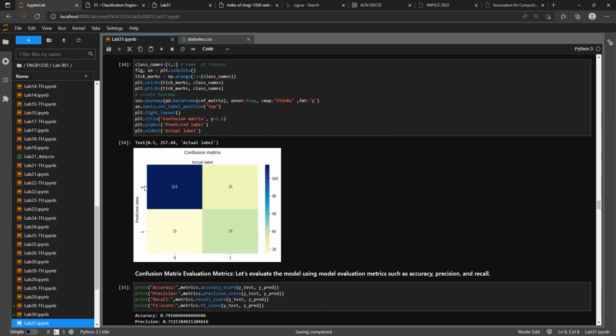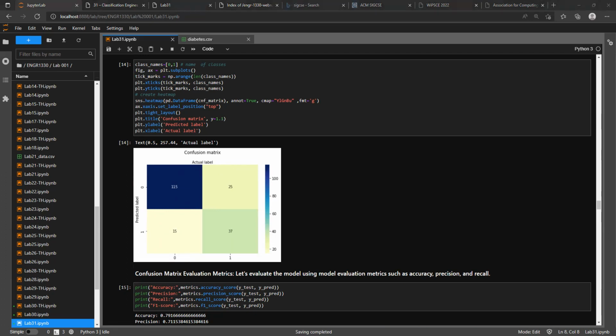The training data I gave to the machine, it made a model that it thinks is good. The way this is read is 115 of the patients that were predicted to not have diabetes actually didn't have diabetes, because this axis here is the actual outcome.